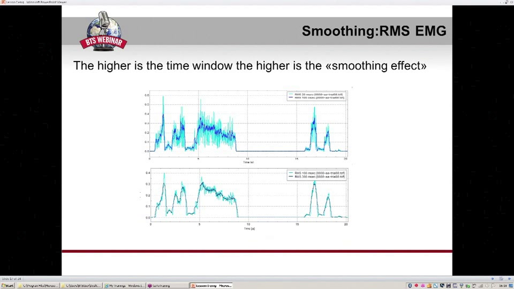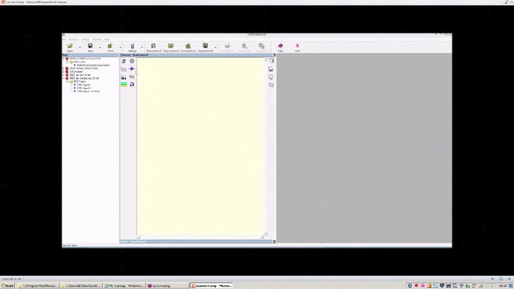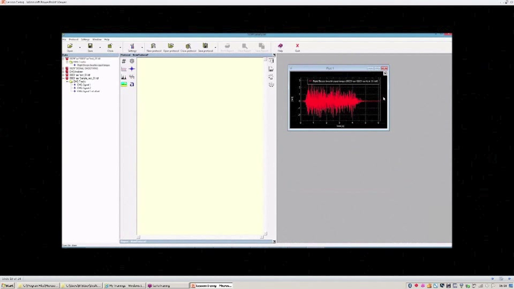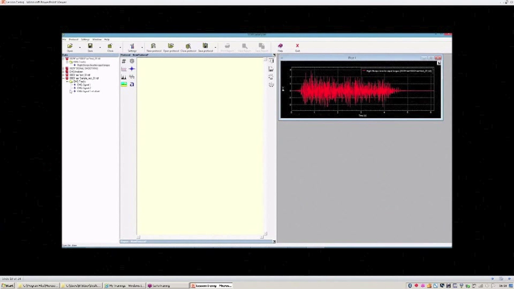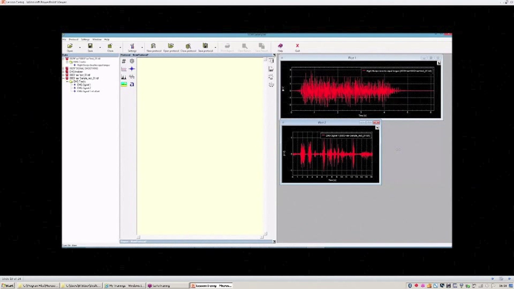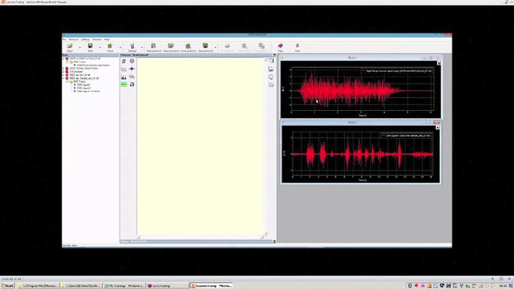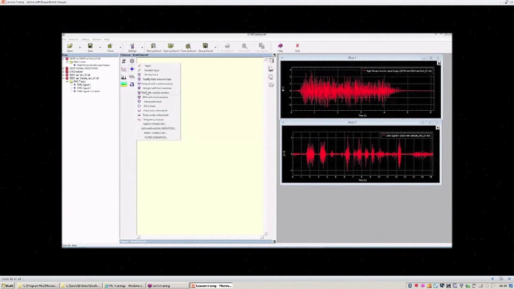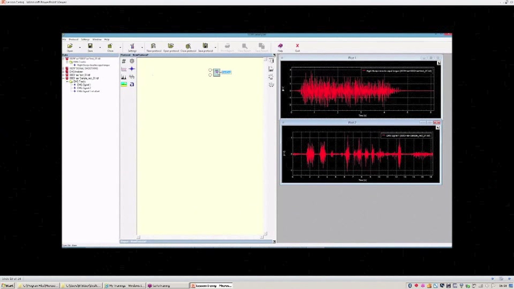So let me now show you some example by using the Smart Analyzer application. So in this example, we have two signals. One is from an almost static condition, this signal, and the second is from a movement. So imagine that we want to compute, for example, for the first signal, the root mean square EMG with a time window of, we have an almost static activity, so 300 milliseconds could be okay.